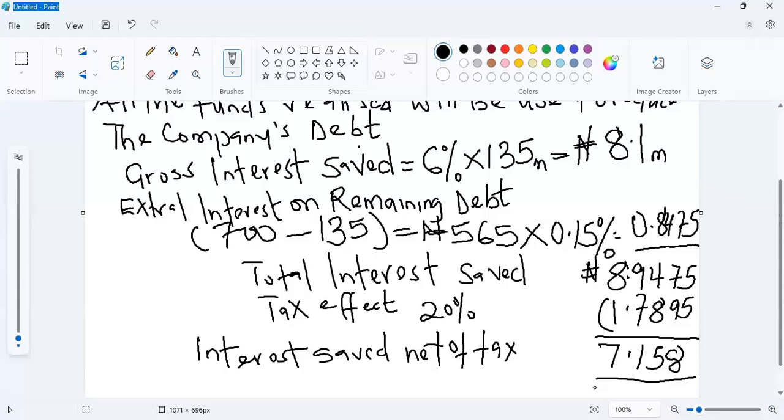Retained earnings will increase. By saving your interest, you have more cash. That means you are conserving your cash. You are not paying the cash out again. Current asset will be affected.